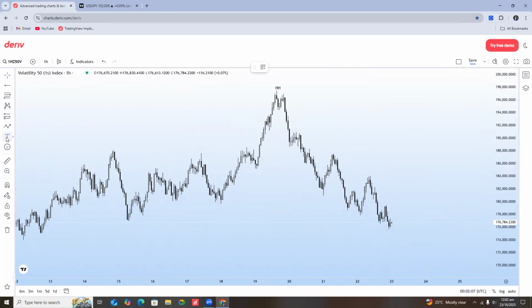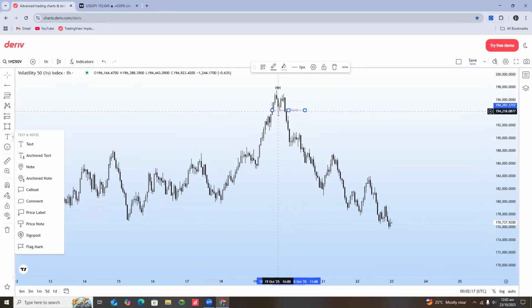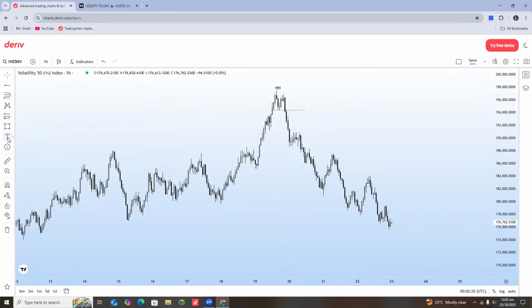That didn't happen. But rather the market changed direction here, so there was a change of character here. Just put it here. There was a change of character.